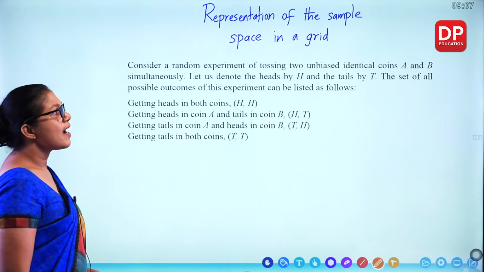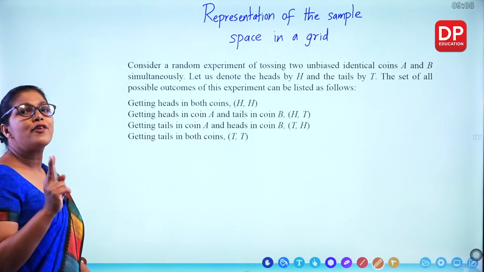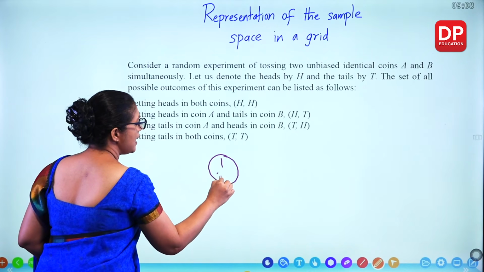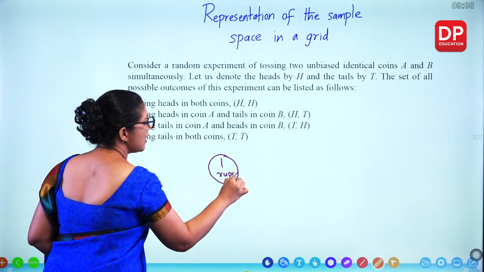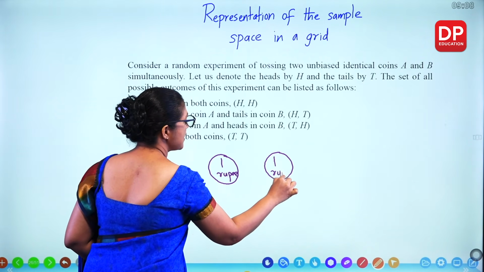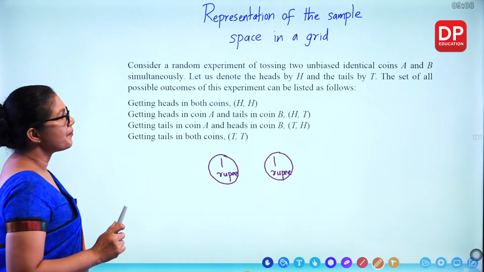Two unbiased identical coins A and B. So take two 1 rupee coins. So I'll take 1 rupee, another 1 rupee coin. Two identical. Identical means same type of coin.